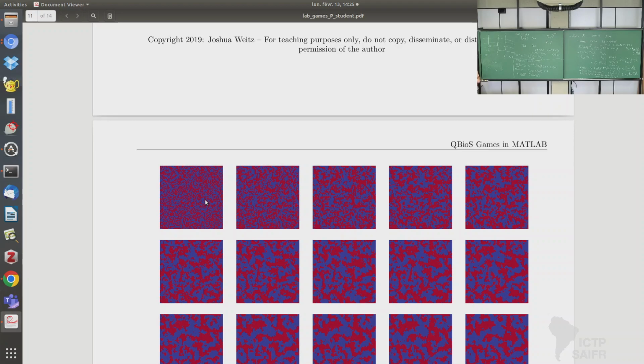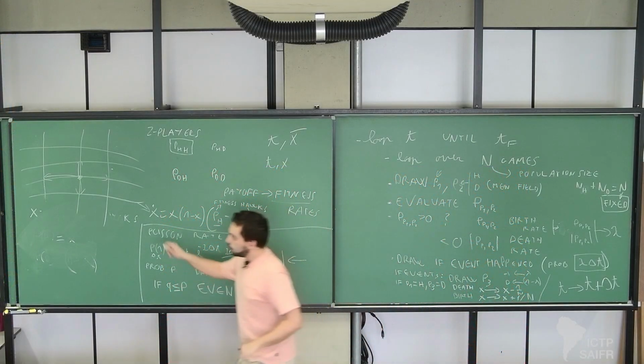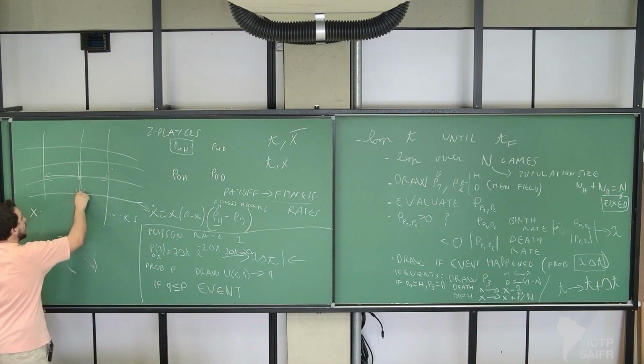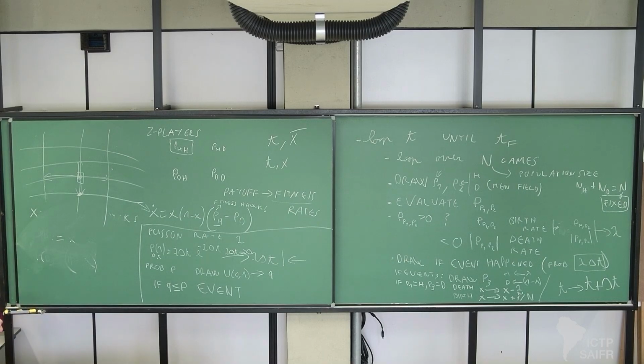So you do exactly what we did now, but instead of drawing in the whole population, you draw at random in your neighborhood, okay? And you play the game against, say, this guy. And if this guy is the other type, you may die or he may die, essentially, with the same stochastic rules as the other one.